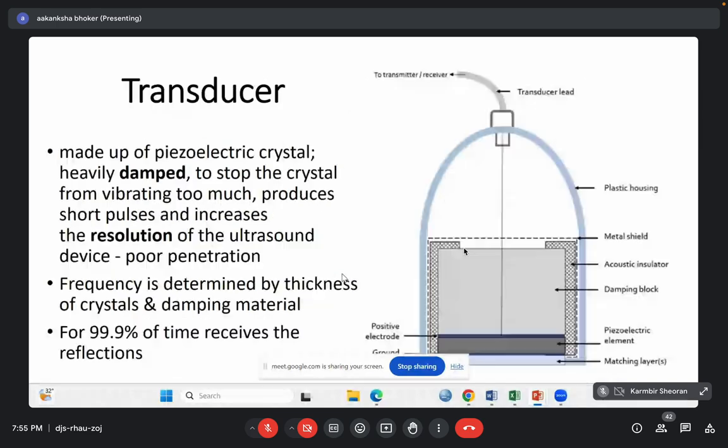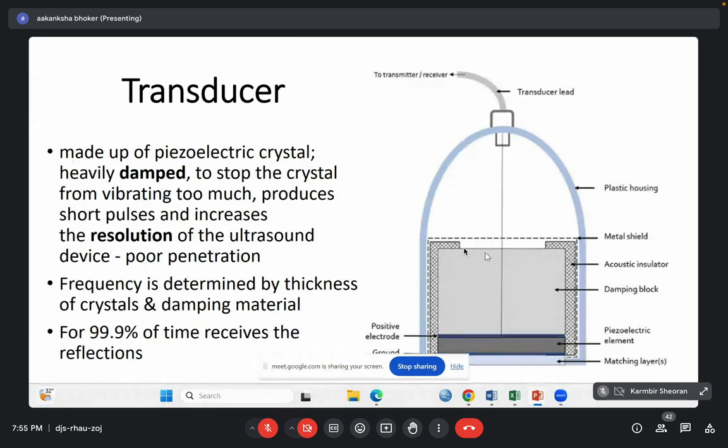If we talk of the transducer, this is the layer of piezoelectric element in which piezoelectric crystals are there. These crystals can be of quartz, or more commonly they are of lead zirconium titanate. Okay? And these are the electrodes. Behind the crystals there will be a positive electrode which will supply the electric signal, and as the electric signal is produced, these crystals will start vibrating to produce the ultrasound signals.